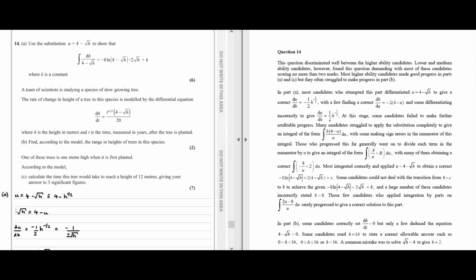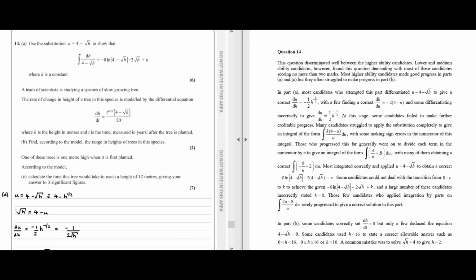At this stage, a lot of people failed to make further progress. Many candidates struggled to apply the substitution completely to give the integral in the form k lots of 4 minus u over u du, with some making sign errors in the numerator. Those who progressed this far generally went on to divide each term by the numerator u to give a correct integral in the form a over u plus b with respect to u.